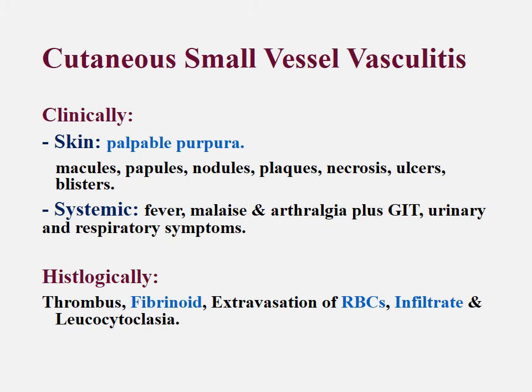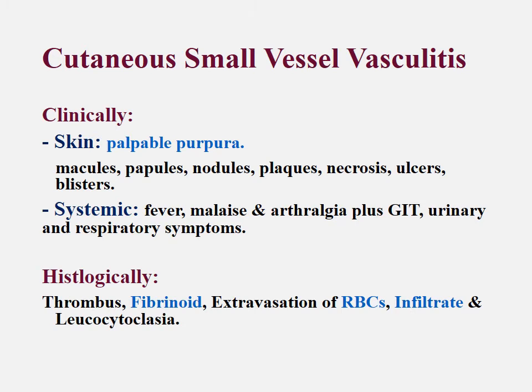Histologically, as we explained with the pathogenesis, we find thrombus inside the blood vessel, fibrinoid in the wall, extravasation of red blood cells and inflammatory infiltrates surrounding the blood vessel, and leukocytoclasia. What is leukocytoclasia?